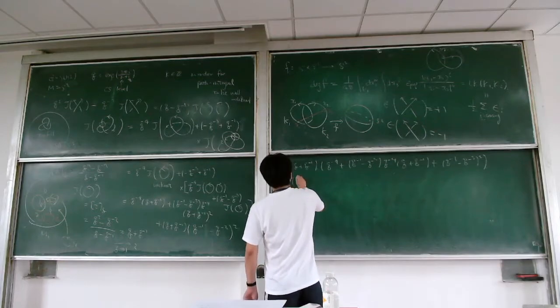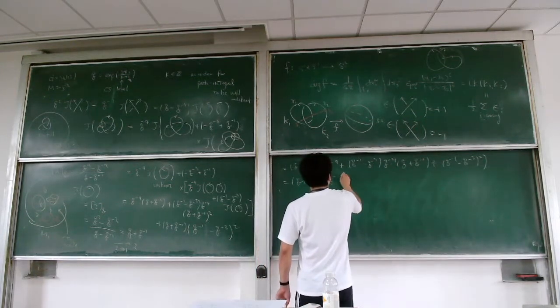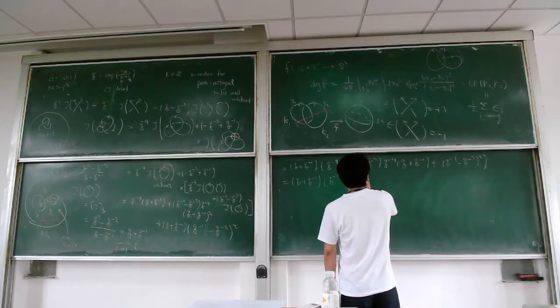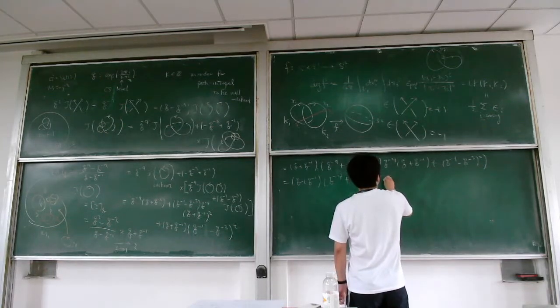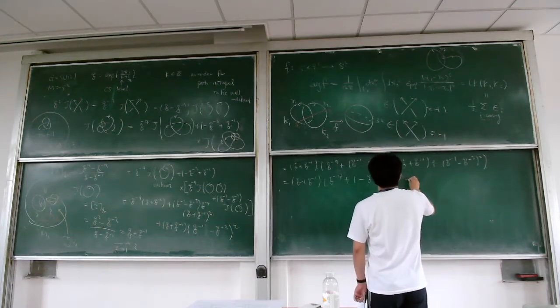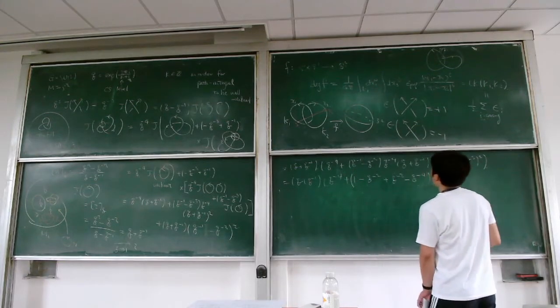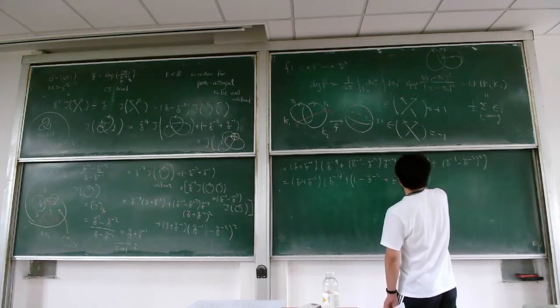And this one is the same. Q to the minus fourth. And then 1 minus q to the minus 2 plus q to the minus 2 minus q to the minus 4. And then I have to shift like 4.